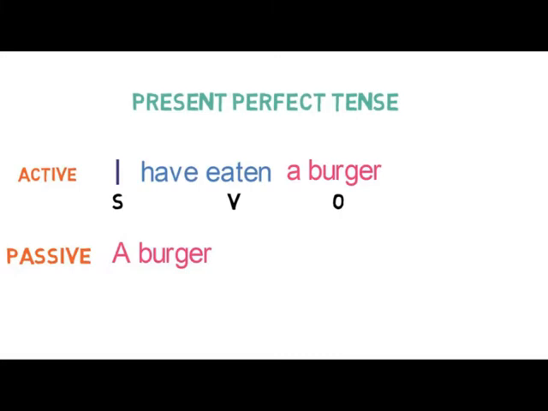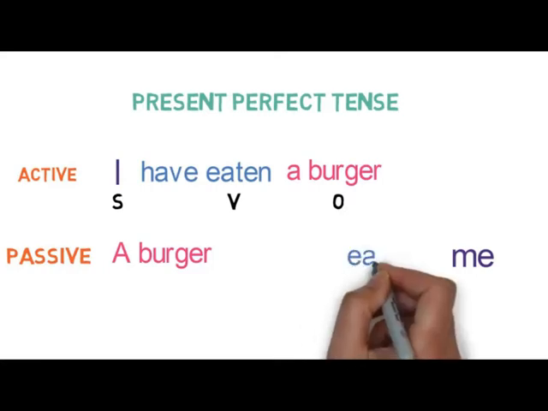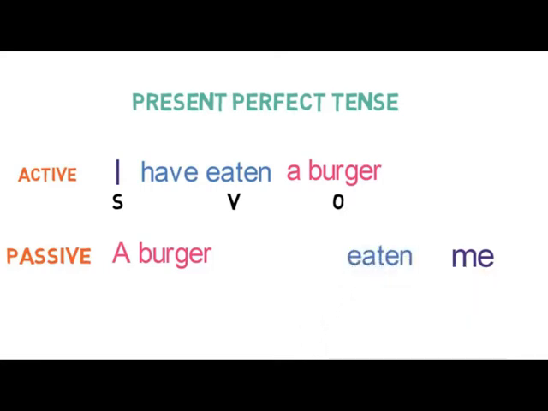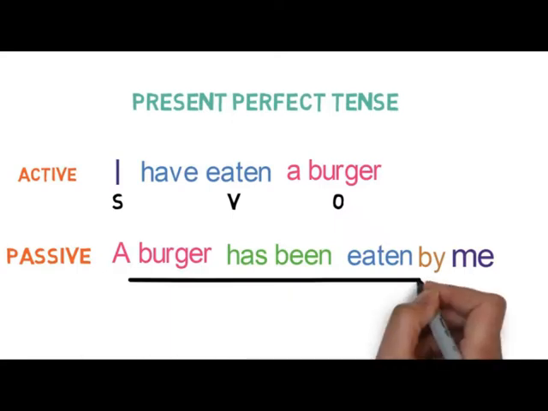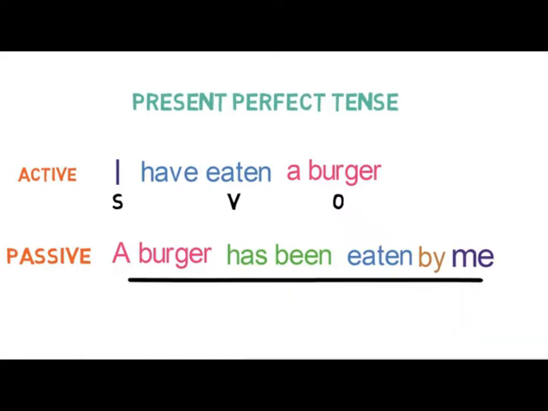It will be a burger at the beginning, I will be me at the end. Then we will convert the verb to the third conjugation, it will be eaten. And we will use the verb to be according to the tense, has been, adding by as the last step. So it will be a burger has been eaten by me.